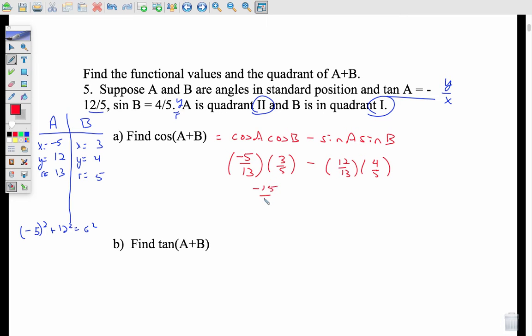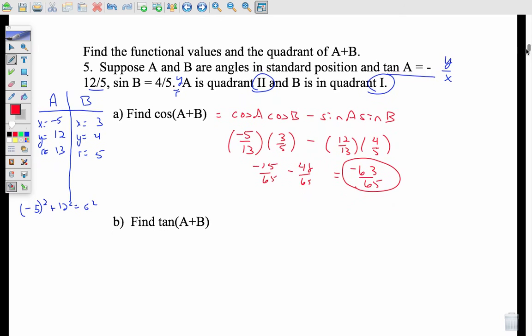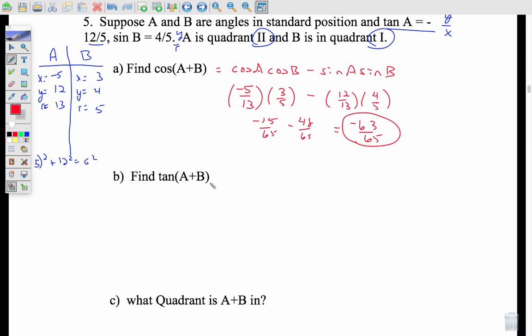Making those substitutions straight from angles A and B in terms of x, y, and r. Now here I have negative 15/65 and minus 48/65, or we have negative 63/65 for our cosine of A plus B.